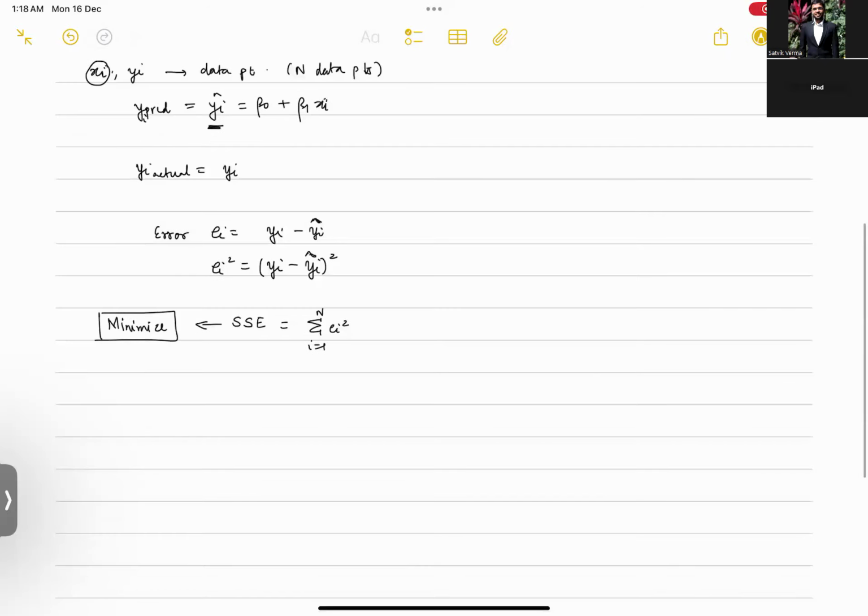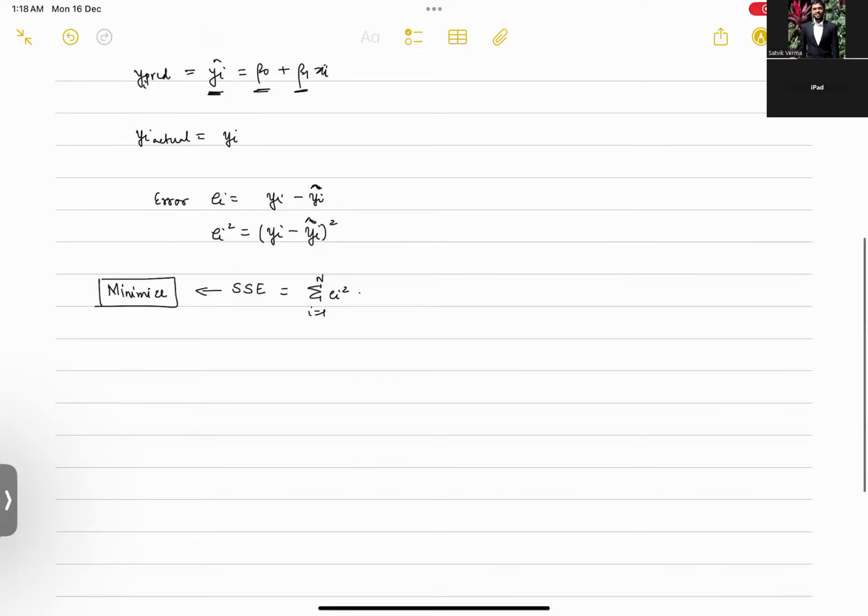We would minimize this with respect to, there are two parameters that we have, beta naught and beta 1. So we can change the values of beta naught and beta 1. And we'll select the values of beta naught and beta 1 which minimize the sum of squared errors, right?